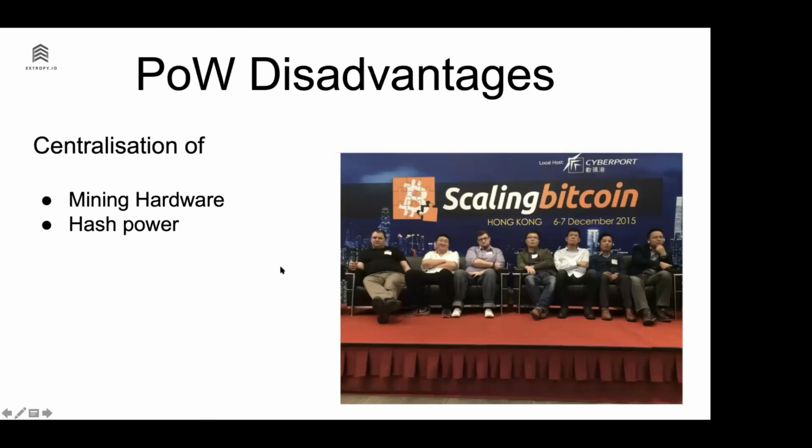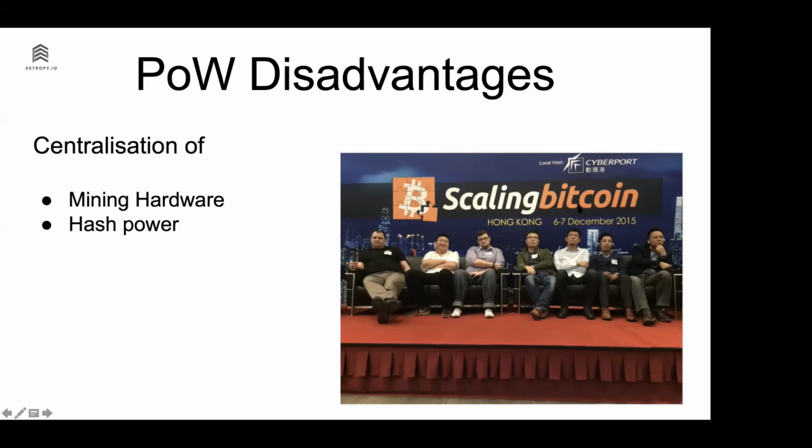But it has disadvantages. To go through some of these, there has been some centralization. With Bitcoin, you can buy specialist hardware to do mining, and there is centralization around that because only a few companies produce this. There is a centralization of hash power as well. People come together and form pools to do mining.